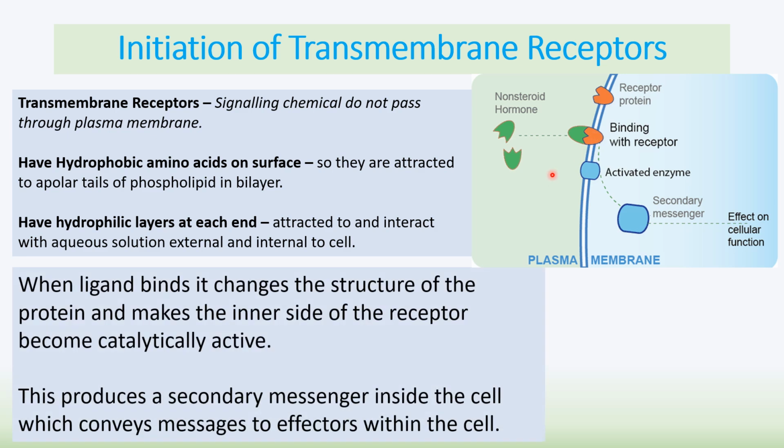It will change the structure of the binding receptor protein on the inner side of the membrane, and that then becomes catalytically activated. So what it normally does then is it activates an enzyme like this one, and then that causes a secondary messenger inside the cell, which conveys a message into the cell. And we'll look at a specific example.